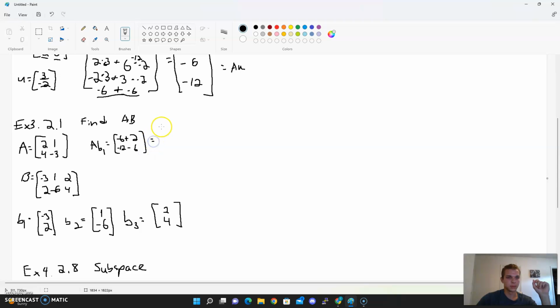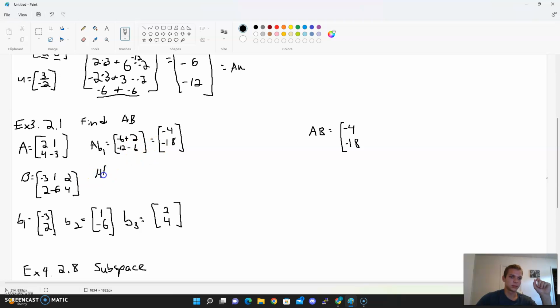So this equals minus 6 plus 2 is minus 4. Minus 12 minus 6 is minus 18. So this is column 1 of AB. So over here we'll do AB equals, we'll go ahead and fill it in as we get here. Minus 4, minus 18, that's column 1.